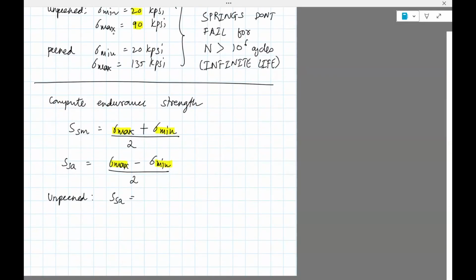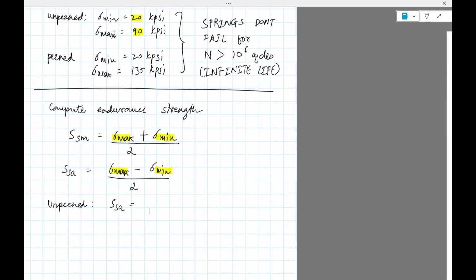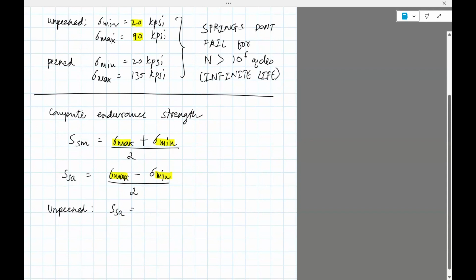So SSA comes out to be 90 minus 20 divided by 2, that is 35 kpsi. SSM is 90 plus 20 divided by 2, that's 55 kpsi.